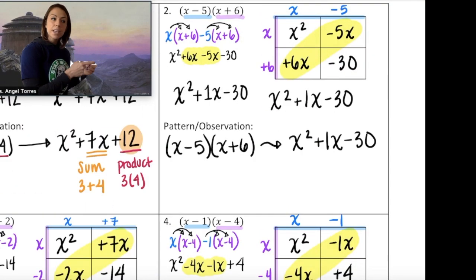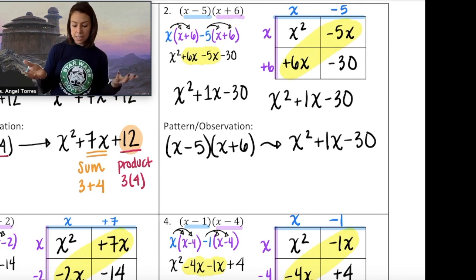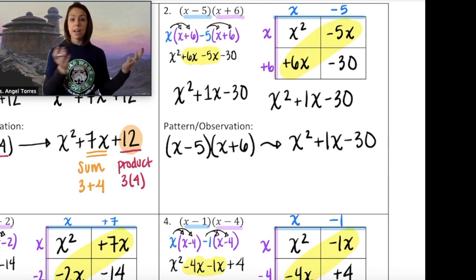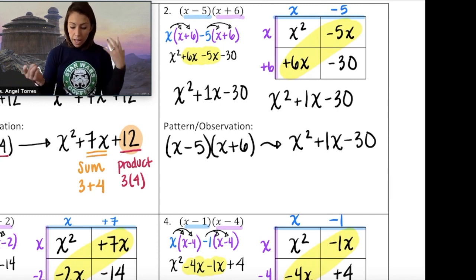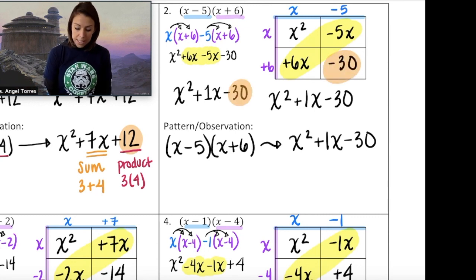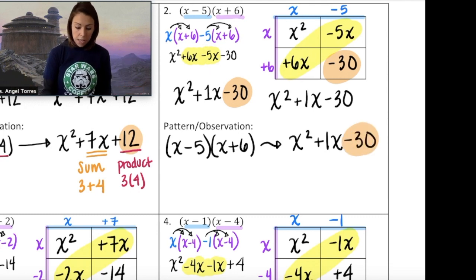Let's take a look at number 2. Again, we started with x minus 5 times x plus 6, and after multiplying, we got x squared plus 1x minus 30. At one point or another, we multiplied our positive 6 and our negative 5 to get negative 30. So that term is the result of multiplying our two constants.